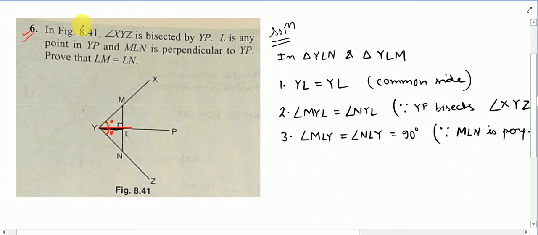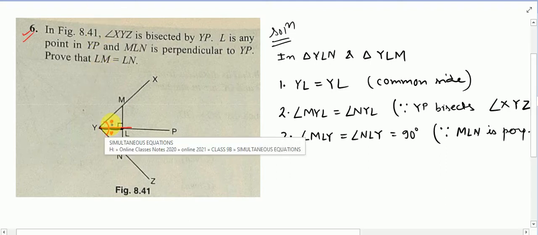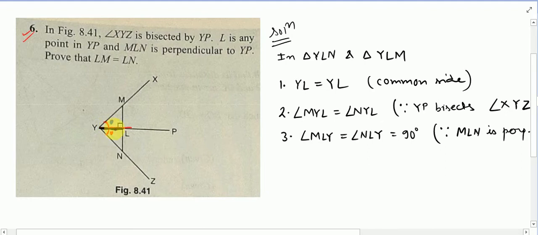So here you saw that angle, side, angle. Okay. This angle equal to this angle. This side is common for both. Here 90, so here 90. So angle, side, angle. So these two triangles are going to be congruent by angle, side, angle axiom.